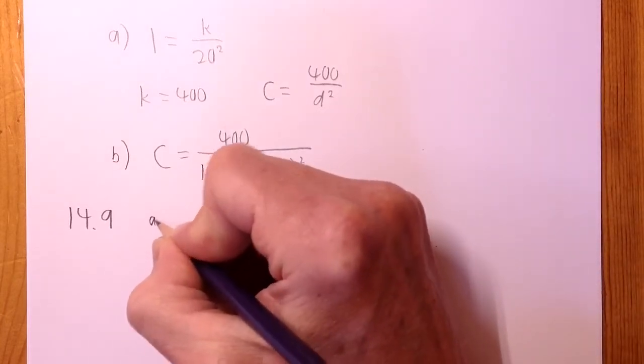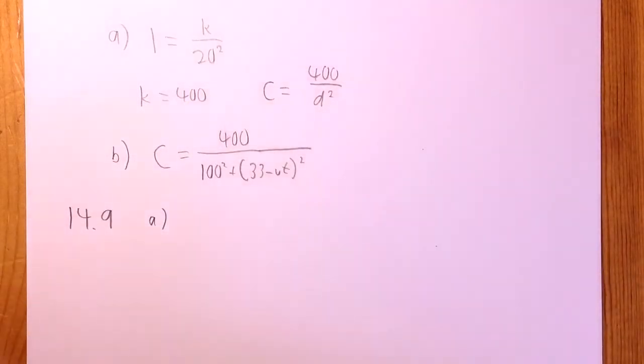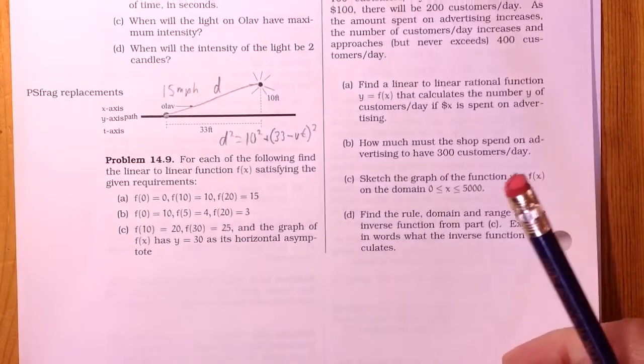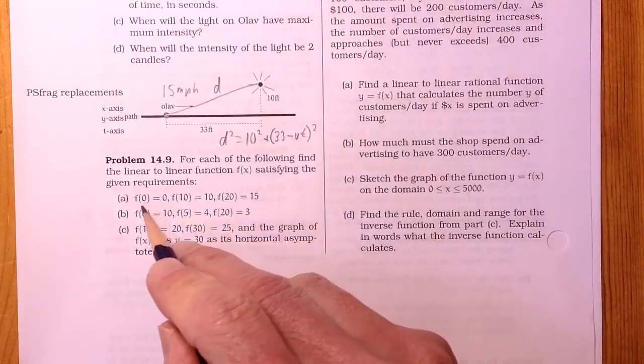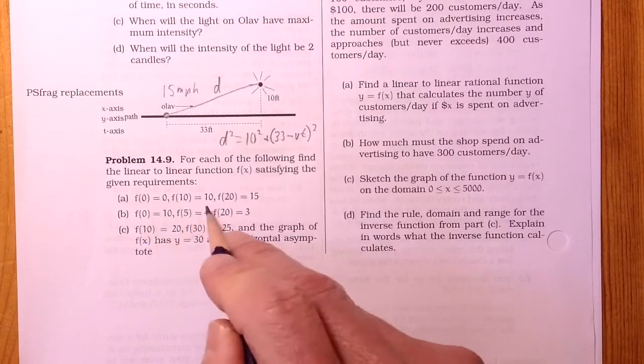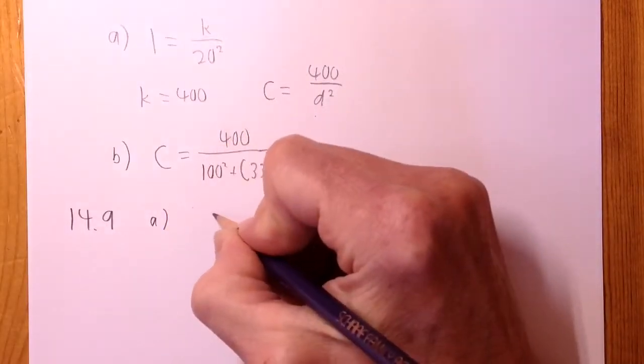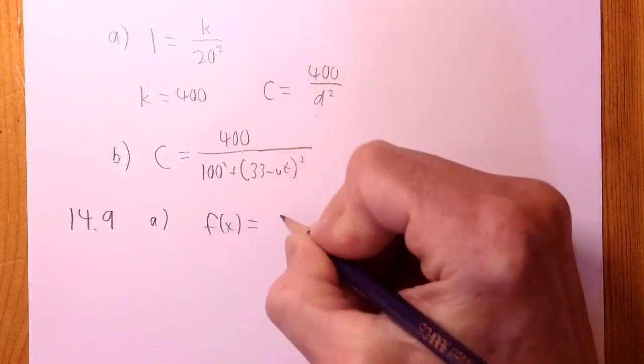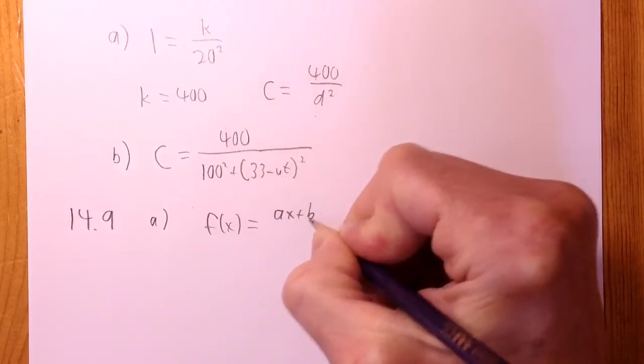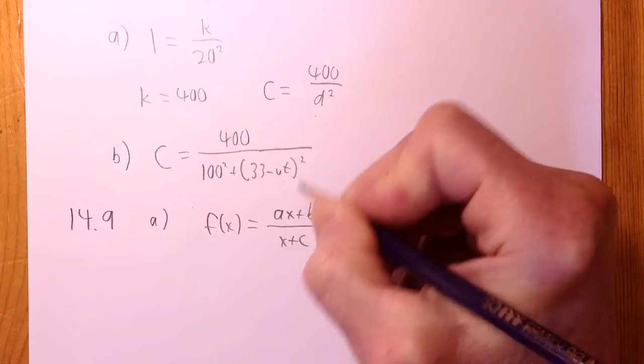So if you look at A, here they say, what's the linear function? F of 0 is 0, 10 is 10, 20 is 15. So that means you write down your f of x is always ax plus b divided by x plus c.